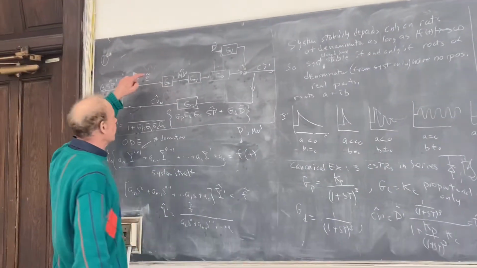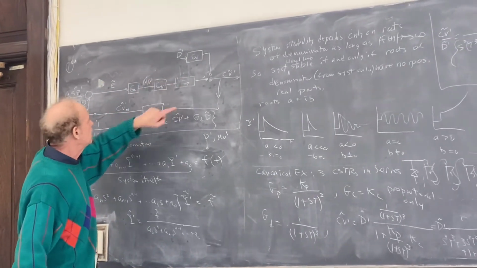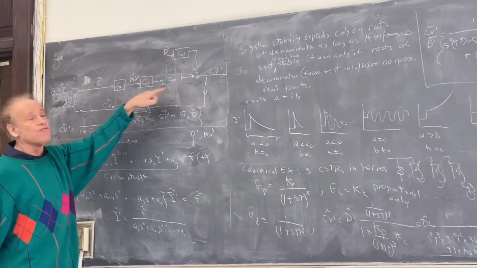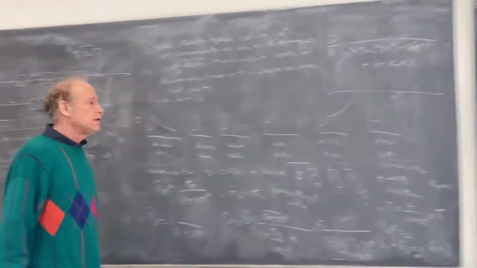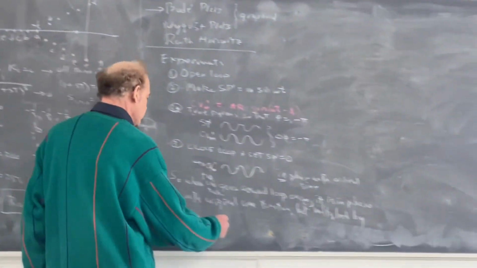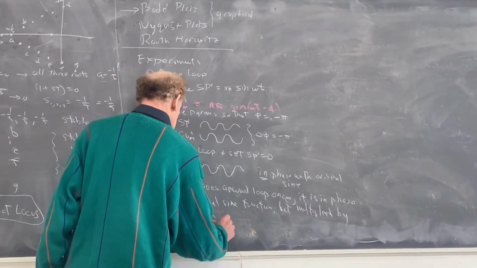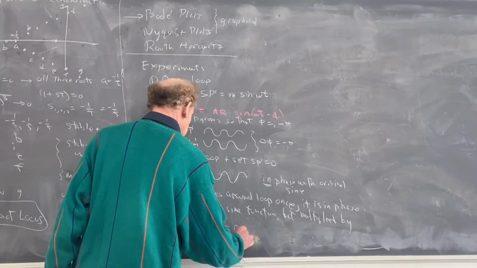It started here, went through GC, GV, GP, GS, so it got multiplied by the amplitude ratio of that product: the amplitude ratio of GC, GV, GP, GS.